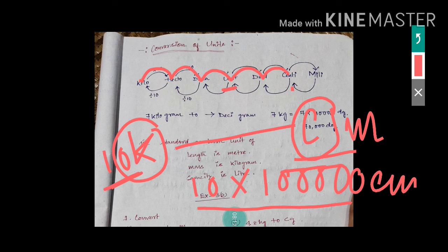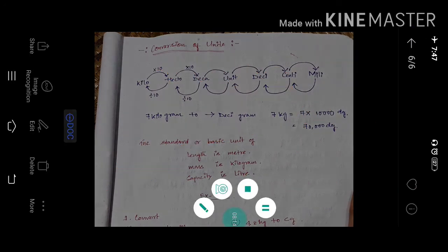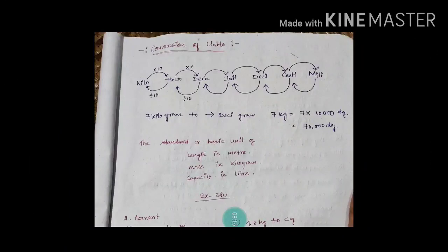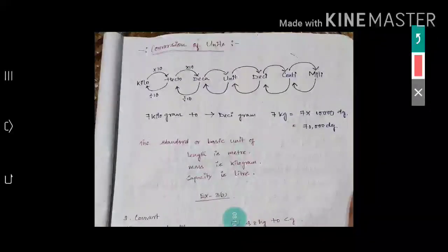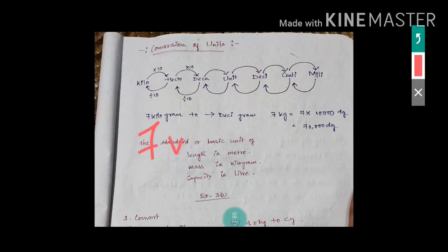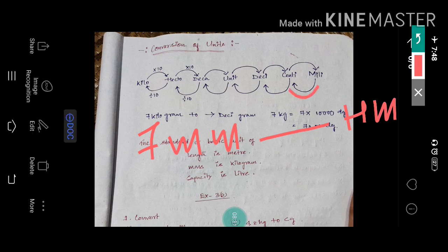Or suppose it is given that you have to convert 7 millimeter to hectometer. That means from the right side you are shifting to the left side. First of all you have to count the number of jumps.